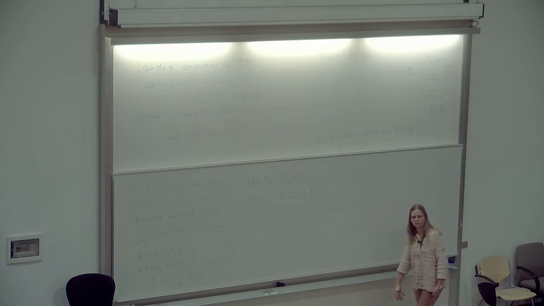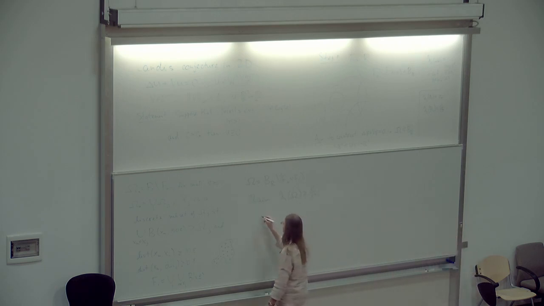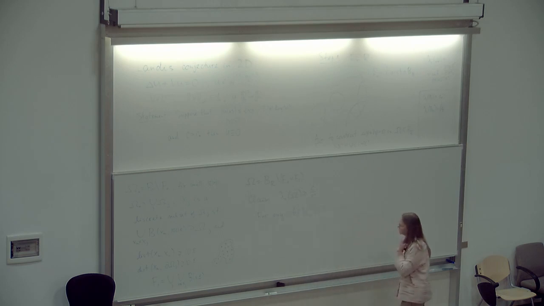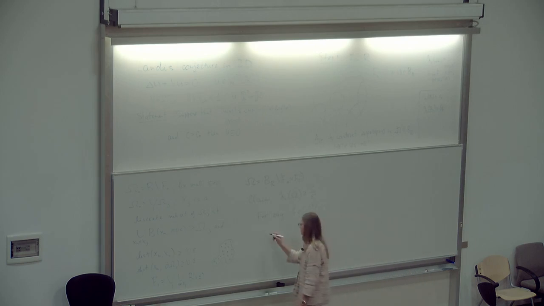So I need to prove a Poincare inequality with a large constant. So I want to show that for any function in this set, the integral of the gradient of f squared is bounded below like that.